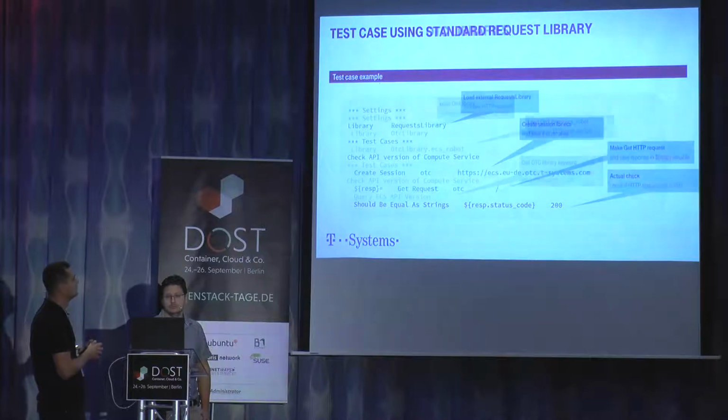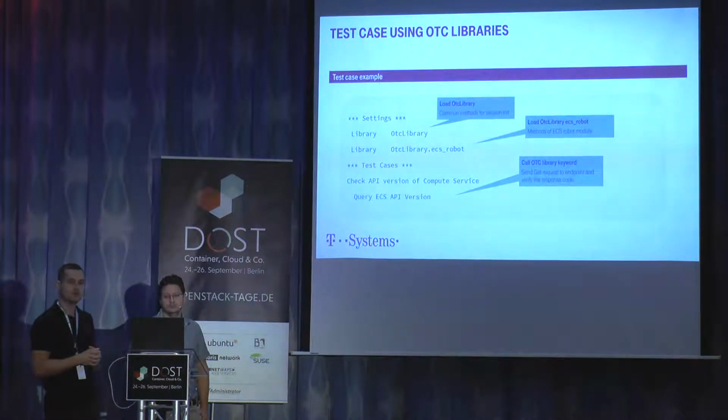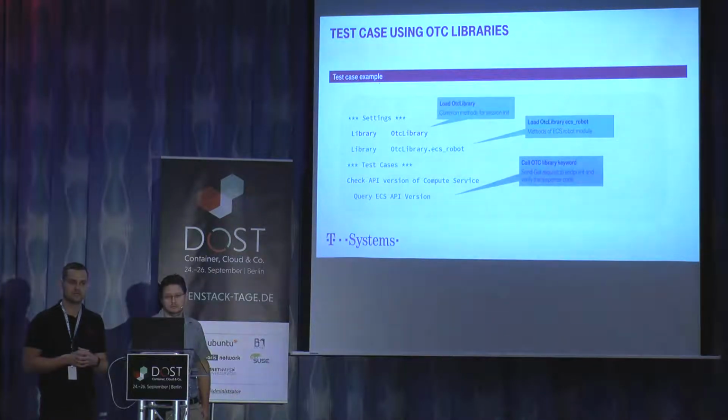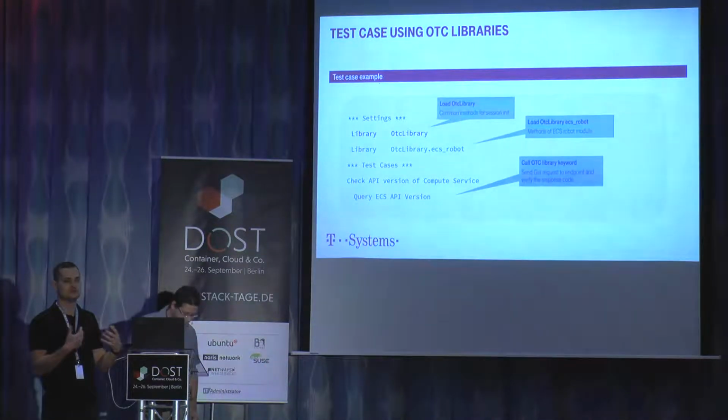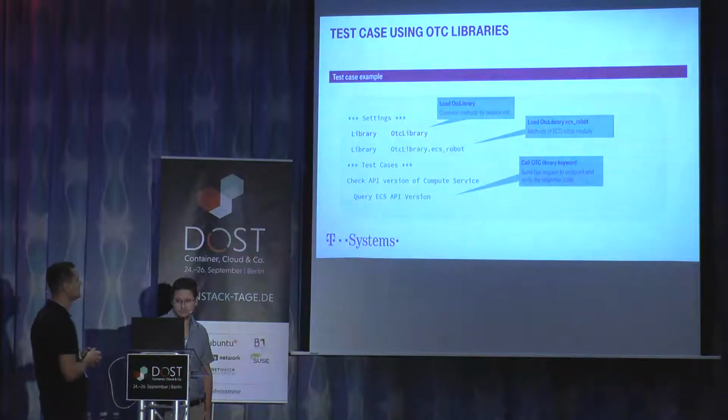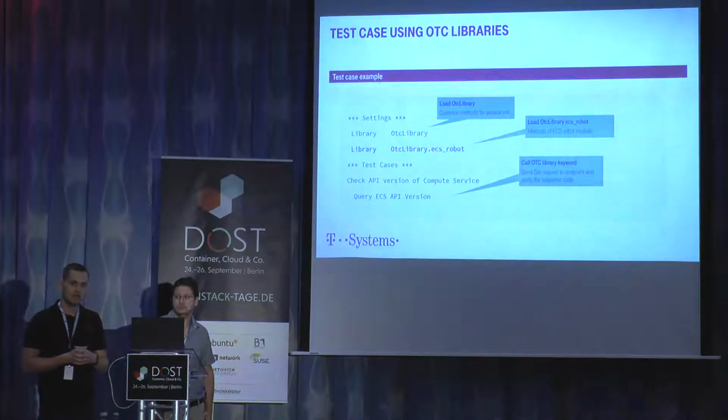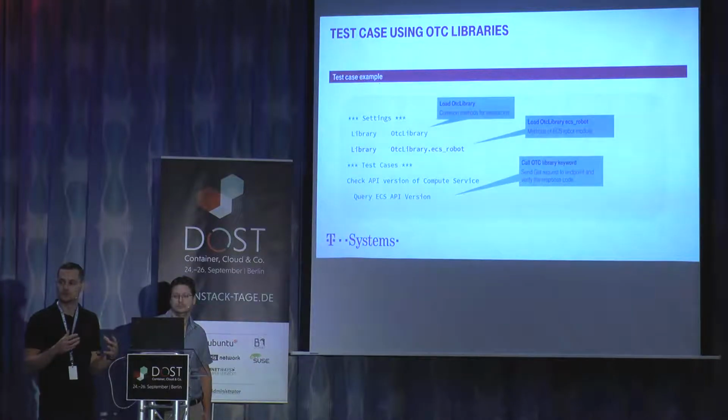In the second example, we use our OTC library. The OTC library is actually a subclass of request library where we've done a couple of extensions. In addition, we use the ECS robot library. This is the compute library, which contains keywords related to the compute operations.